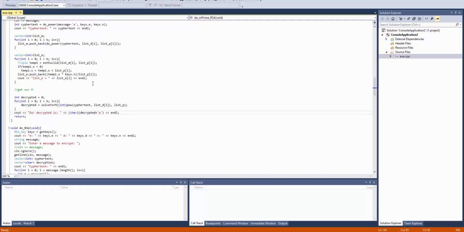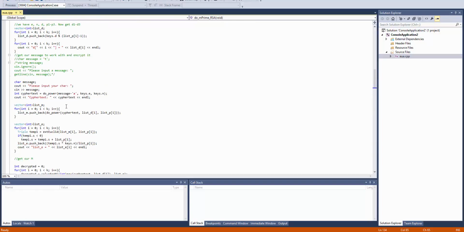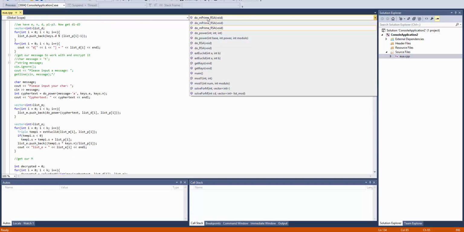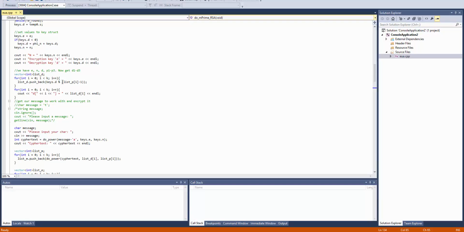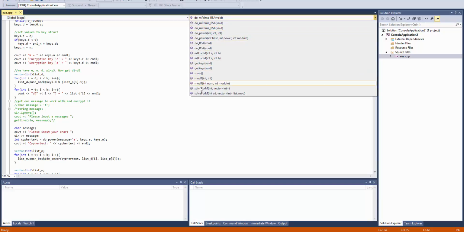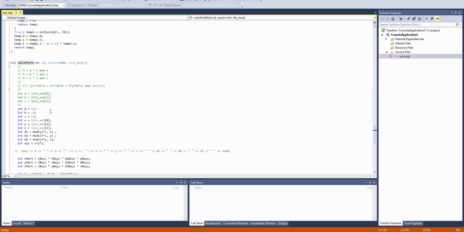All right. So, like Jacob just mentioned, we did run into some problems having to do extremely large arithmetic on integers. So we had to come up with custom methods and algorithms to handle those cases. One of them was the solve for m method, which is the one that uses the Chinese remainder theorem.